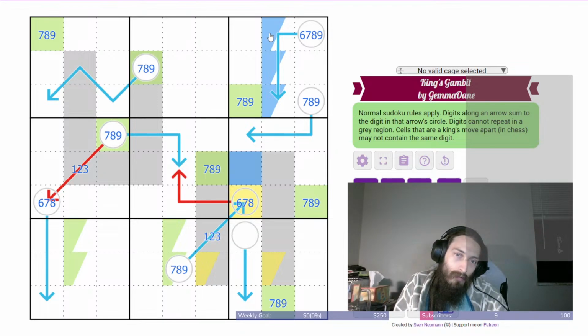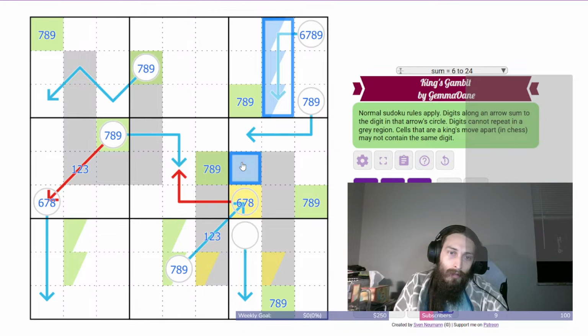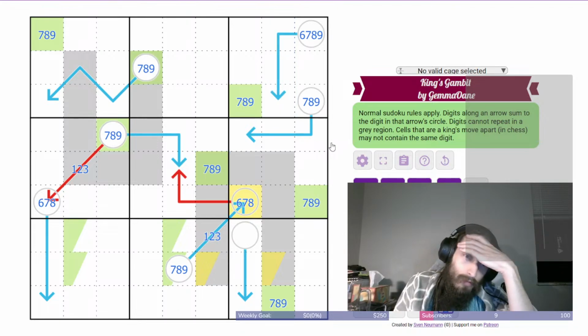This one here could be there. Right, yeah. Okay. I don't know if this is useful, though.